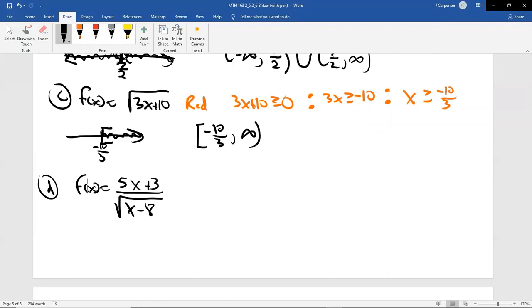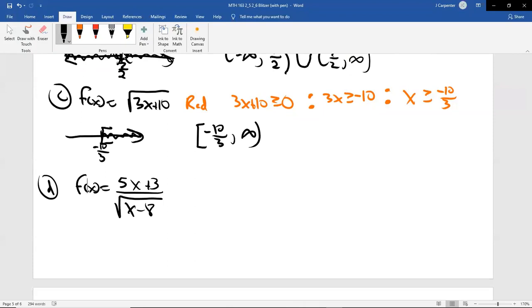The rational ones also could potentially have a domain that's everything if the denominator was something like x squared plus 4, where the denominator can never be 0. We have seen problems like that in chapter 1 where we were finding domains and said, oh, well, x squared plus 4 can't be factored because it's prime in real numbers, so the domain's everything. It's always positive. All right, so for D.